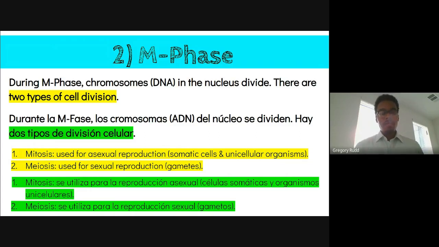Mitosis is used for asexual reproduction, and mitosis gives you an exact copy of the original cell. They are genetically the same.